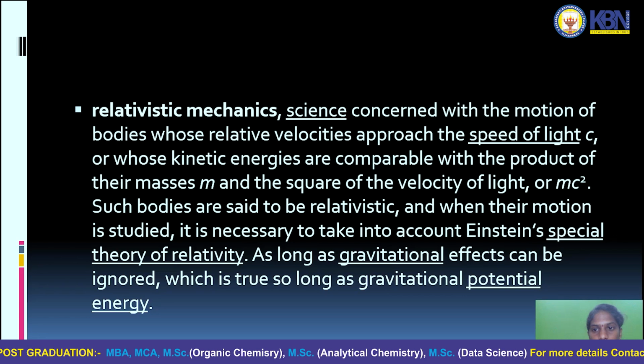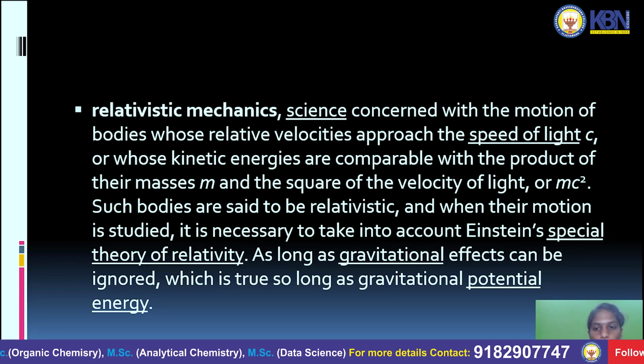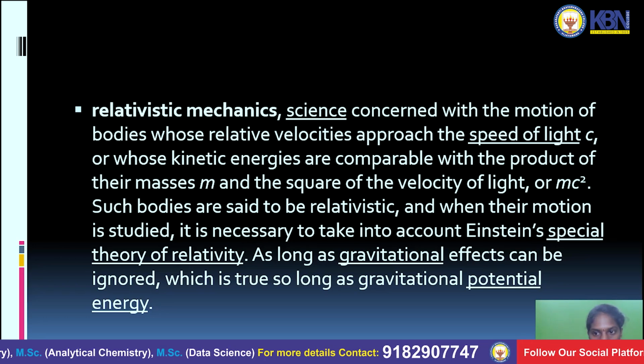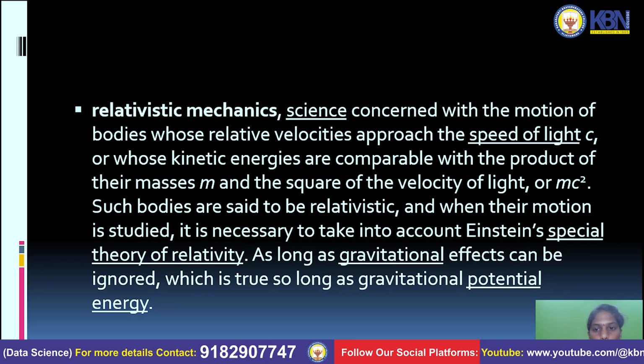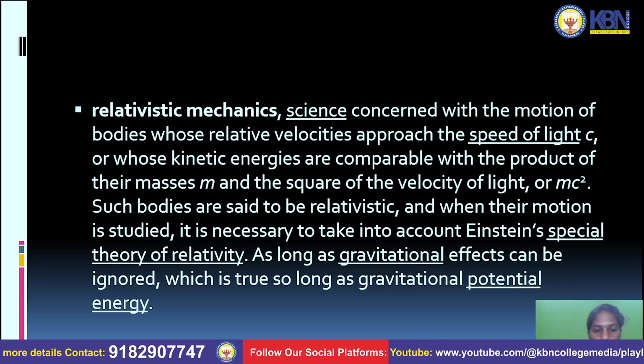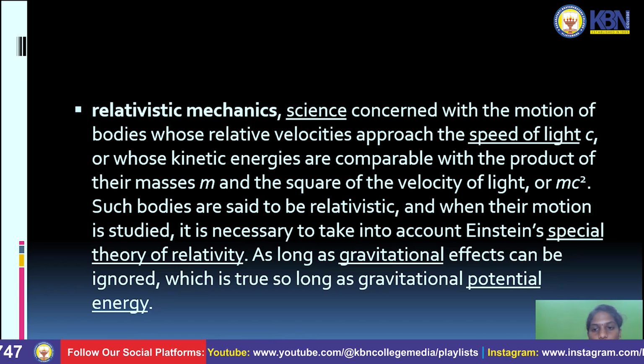Science concerned with the motion of bodies whose relative velocities approach the speed of light, denoted as c. Their kinetic energies are comparable with the product of their masses, denoted by m, and the square of the velocity of light, or mc squared.